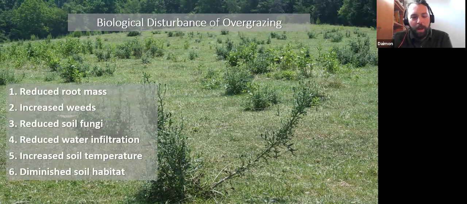Thank you. So if we're looking at overgrazing, there's some biological disturbance from it. You get the reduced root mass, you get increased weeds, reduced soil fungi, and we went over the water infiltration and soil temperature, and it really diminishes the soil habitat from the temperature, but also the roots, which I'll go into in a second, have a big impact on feeding the soil food web.